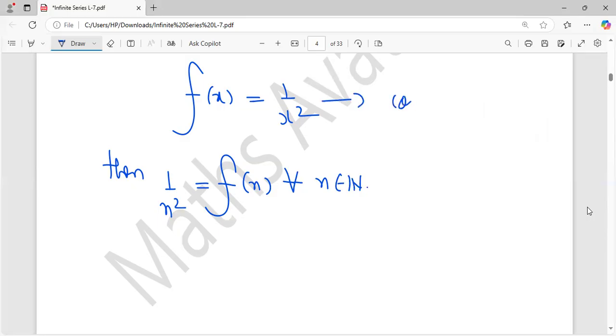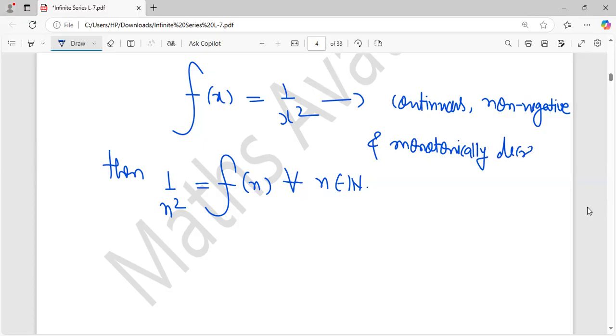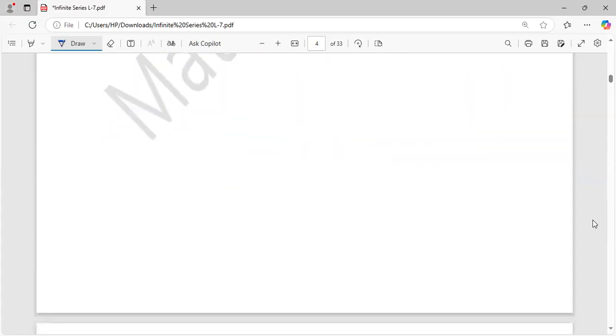So this is continuous, non-negative, and monotonically decreasing. Now what is the integral from n to infinity of f(x) dx?